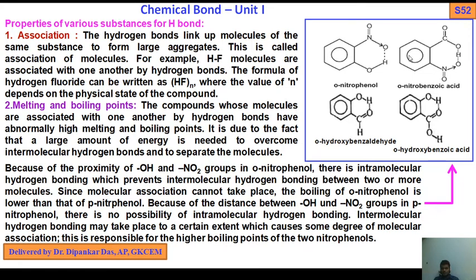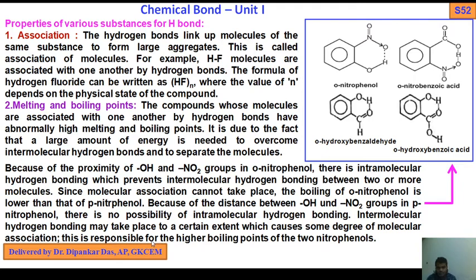In orthonitrophenol, due to the close proximity, there is a chance of intramolecular hydrogen bonding. But if the NO2 group is present in the para position with respect to the OH group, due to the large distance there is no scope for intramolecular hydrogen bonding. Then there will be intermolecular hydrogen bonding, and the number of hydrogen bonds and molecular surface area also increase.